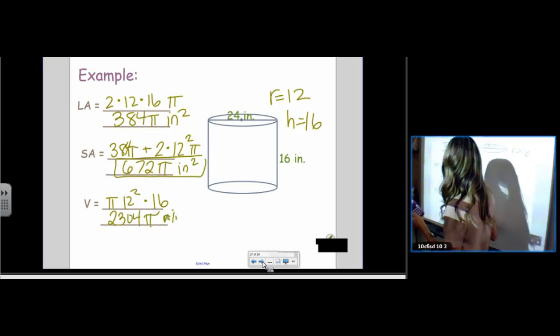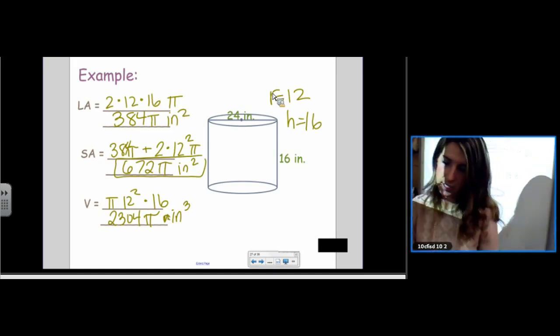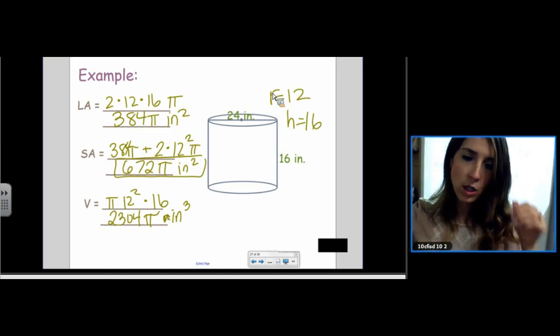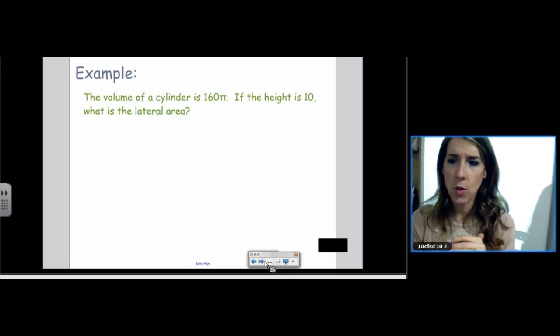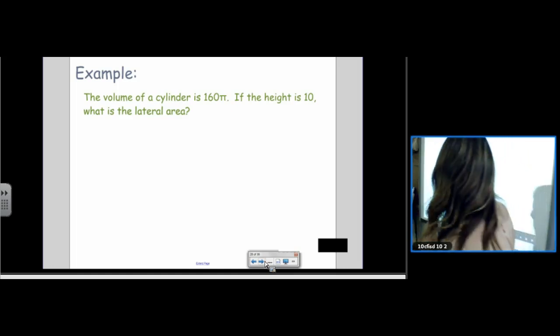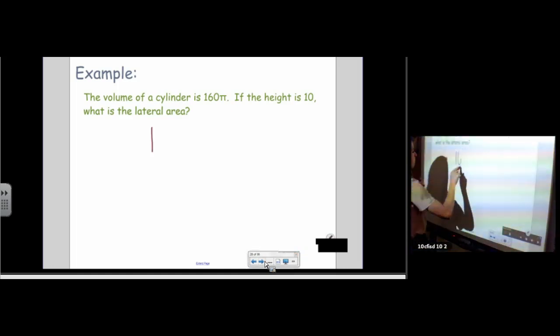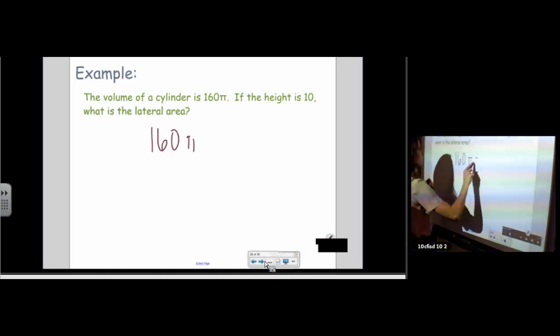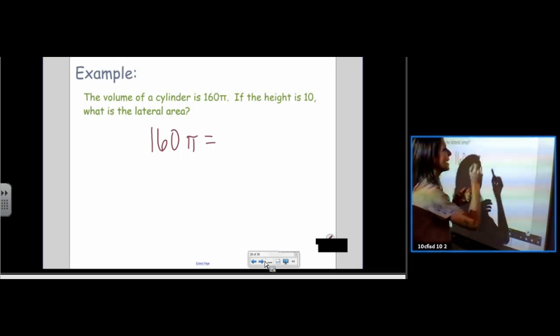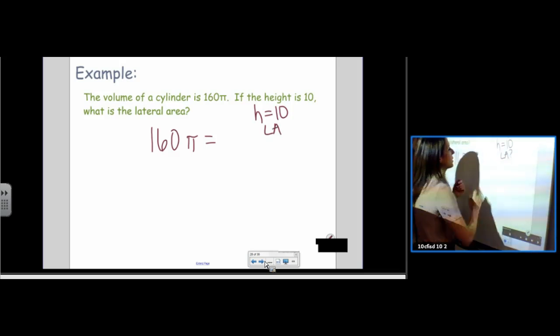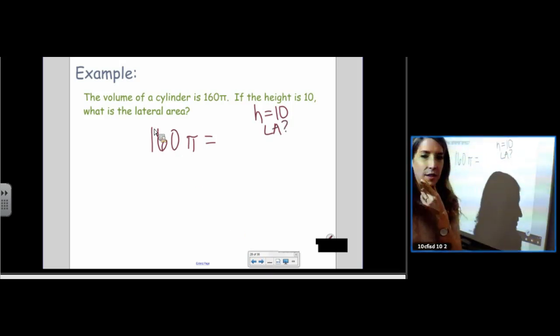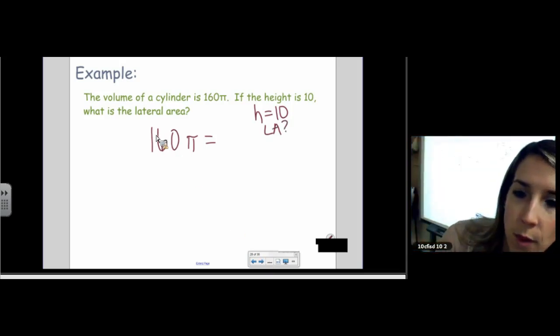We need to try a work backwards problem. So I gave you the volume of a cylinder. It's 160 pi. If the height is 10, what is the lateral surface area? Whoa, okay. So we have some work to do. The volume is 160 pi. So the volume is that formula right there.